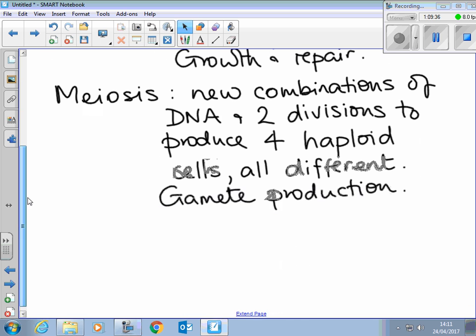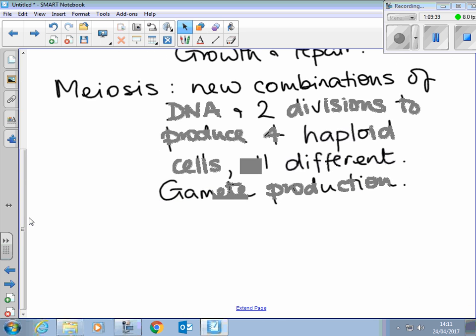So we still get the replication in meiosis. Once the DNA is replicated, you then get the bits of chromosomes actually exchanging with each other, so you get new combinations. Then they separate once, then they separate again. So it's quite a lengthy process.